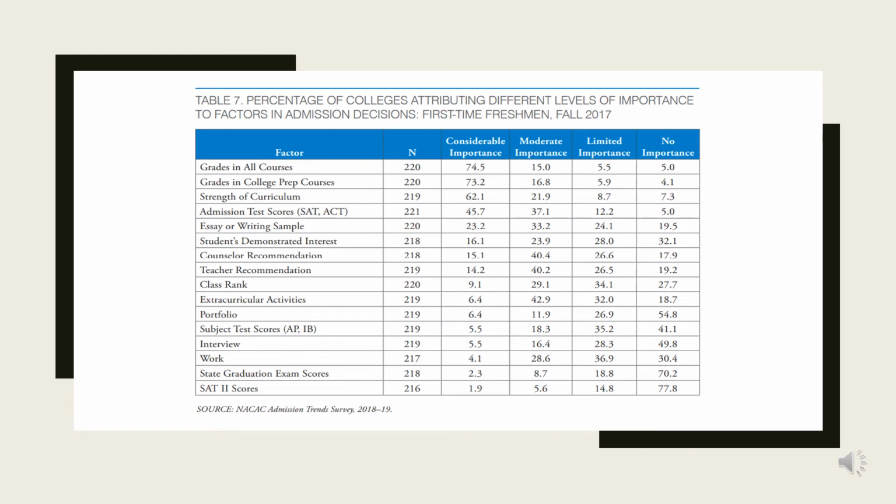However, for the past admission cycles, the percentage of colleges rating grades in all courses as considerably important has matched or surpassed grades in college prep courses. Class rank has become much less important over the past decade.